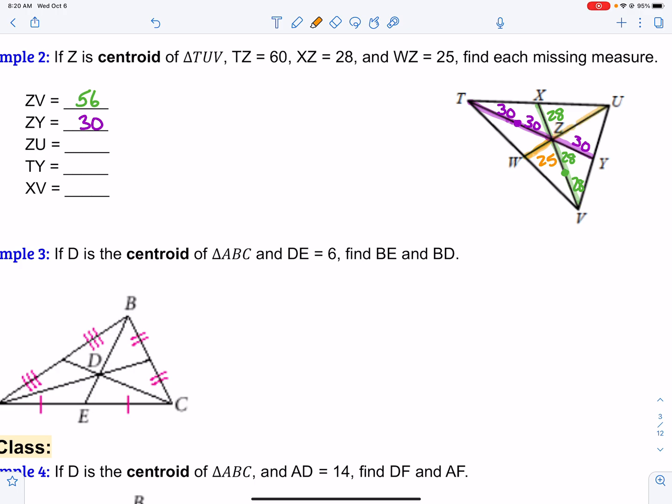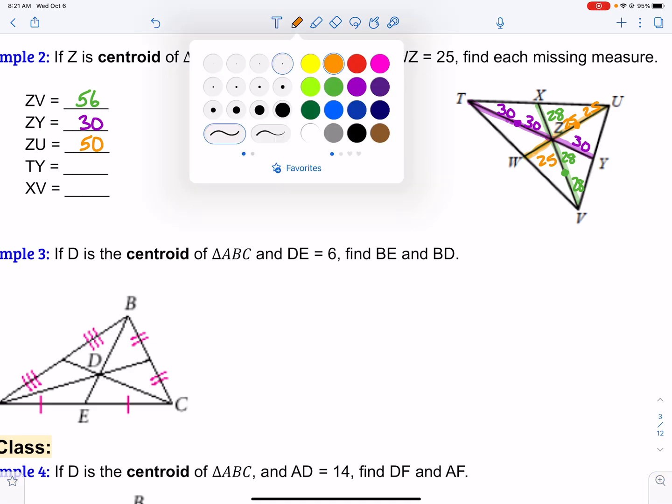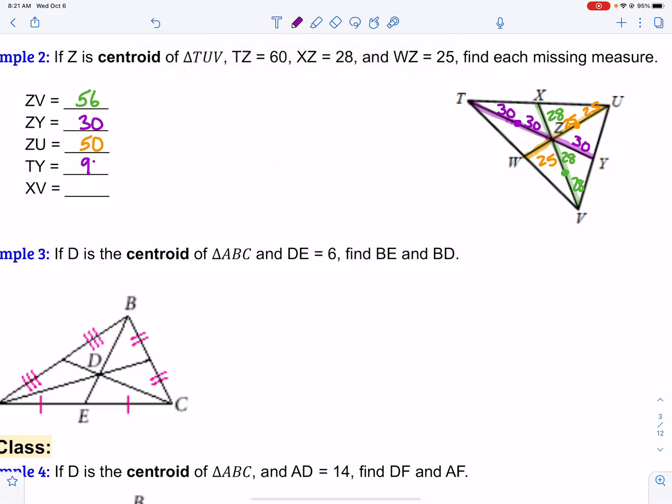So there's 2 more pieces that would be equal to 25, because these are divided into 2/3 and 1/3. So there's like 3 parts that are equal to 25. So ZU would be the 25 plus 25, which is 50. And then TY, notice we can now figure that out pretty quick, that we've labeled 30, 30, and 30. So we can tell that that would all add up to be 90.